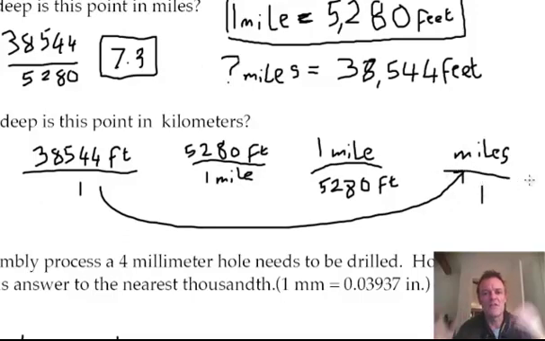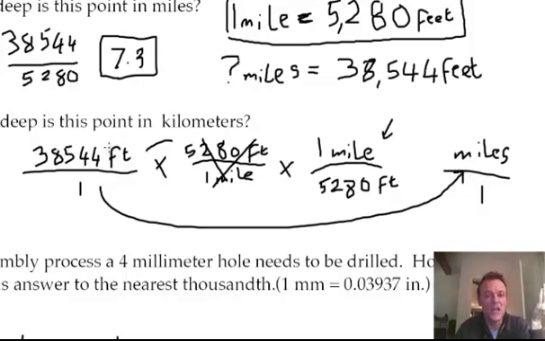If I want to cancel the feet on top, next to the 38,000, I need feet on the bottom. Which one of these two looks like it's got feet on the bottom? It's this one. I'm not going to use the other conversion, because when I multiply, that's the huge number I don't want. If I multiply by this, I'm actually dividing by 5280.